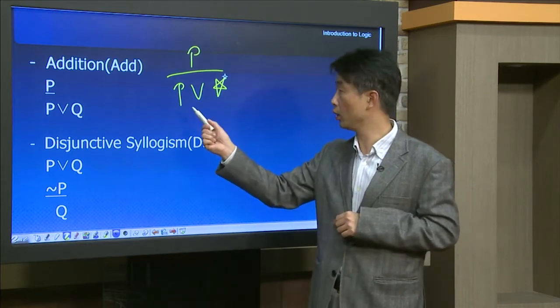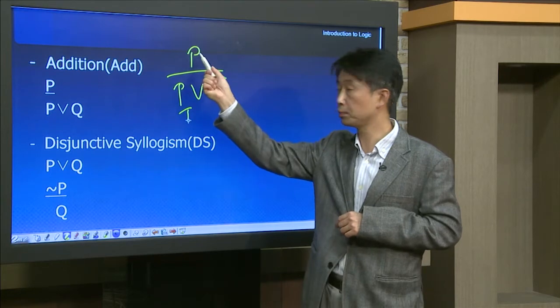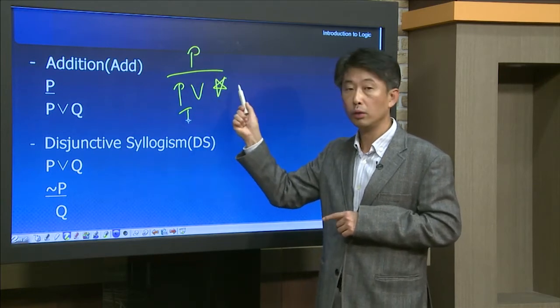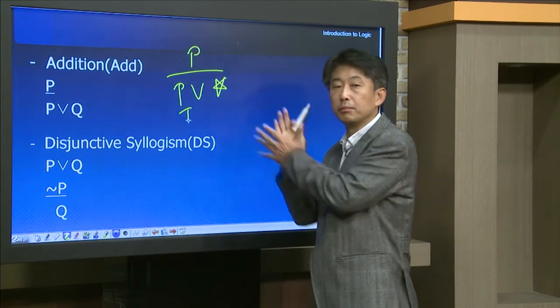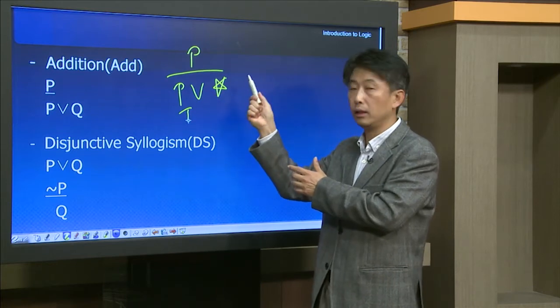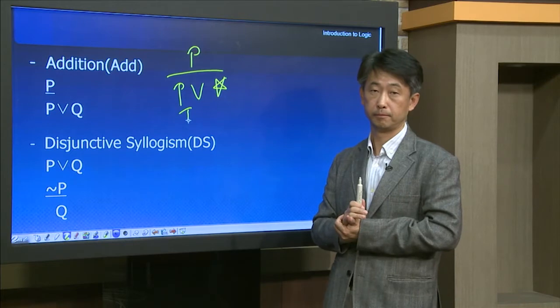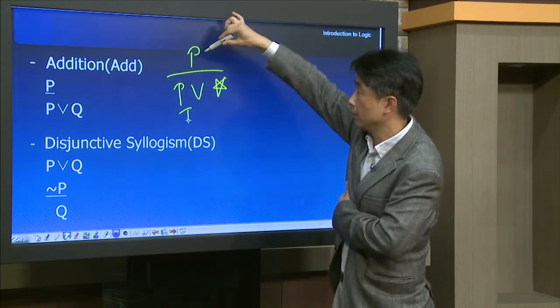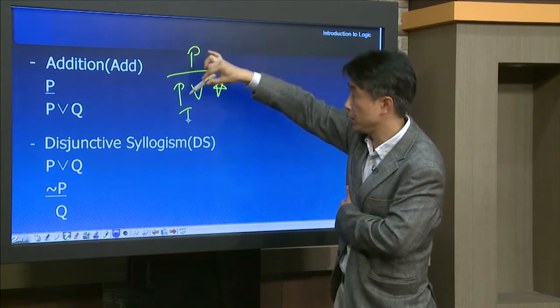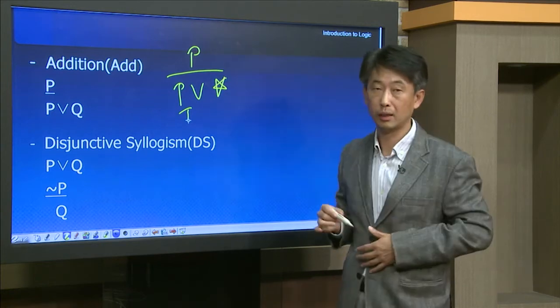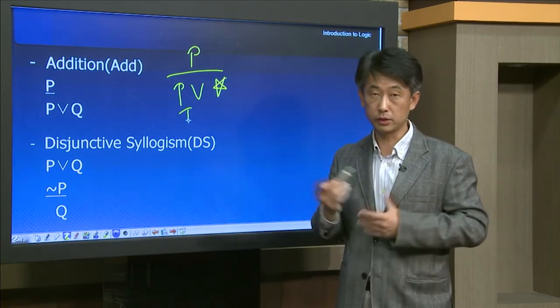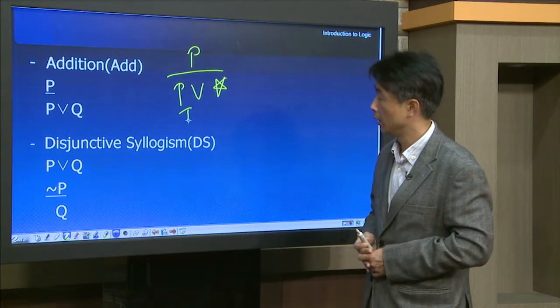So we know that P or Q is true because P is true. No matter what comes in the second part, the whole thing has to be true. So it's a valid inference.